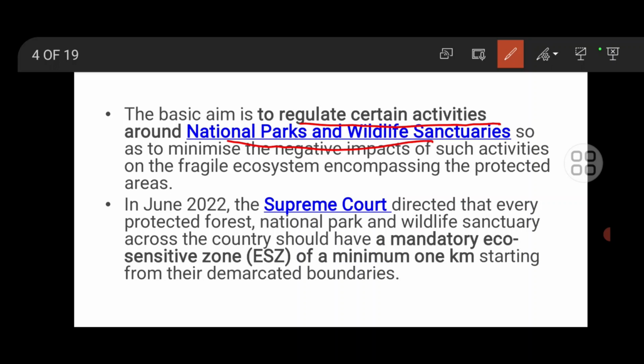Recently in June 2022, the Supreme Court asked that every protected forest, national park and wildlife sanctuary across the country should have a mandatory eco-sensitive zone of at least a minimum of 1 kilometer. This is a Supreme Court judgment. You can quote this in the GS3 environment paper in mains, under protection of environment.